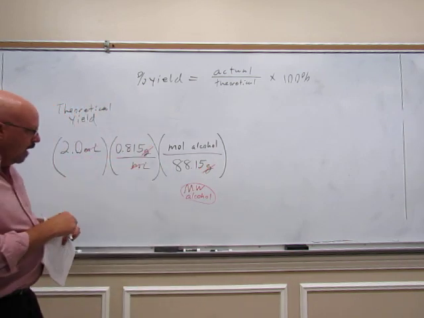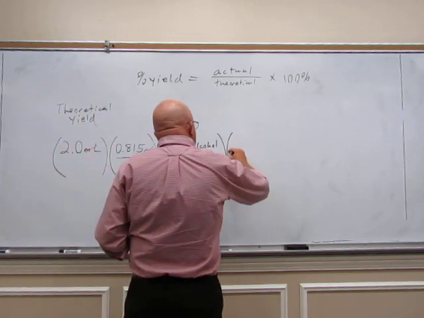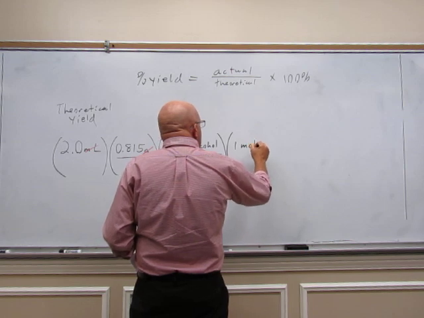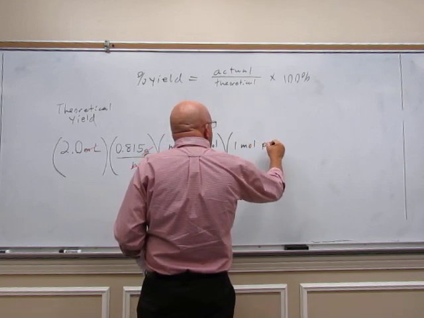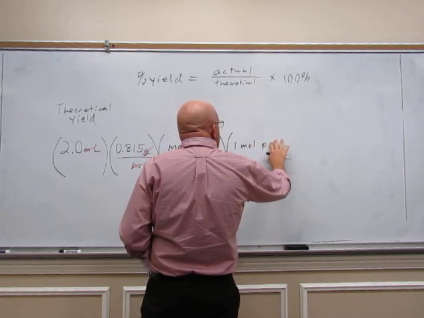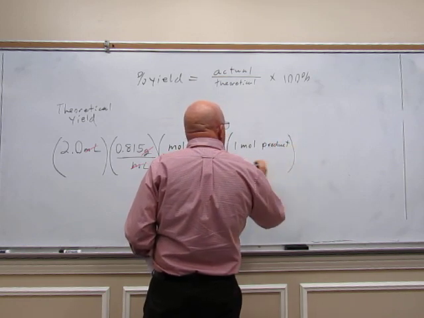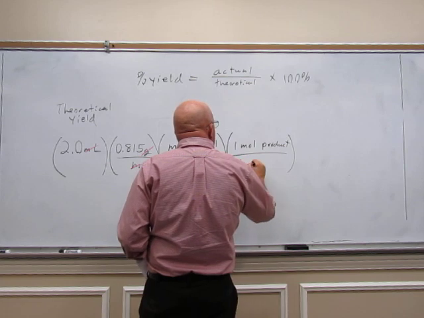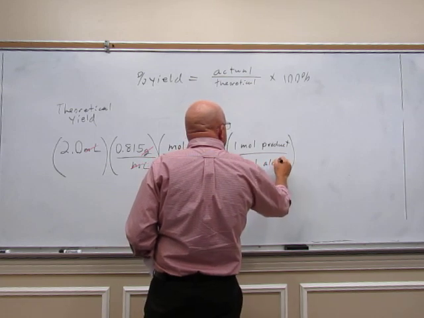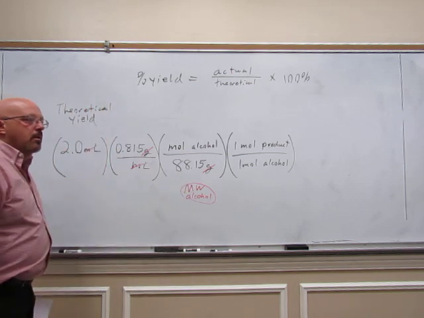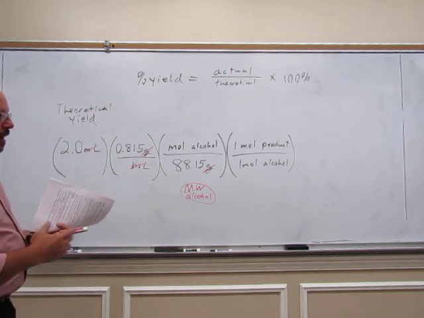Now, if you notice in the reaction, we get 1 mole of product for every 1 mole of alcohol. It's a 1-to-1 ratio. Not always the case.